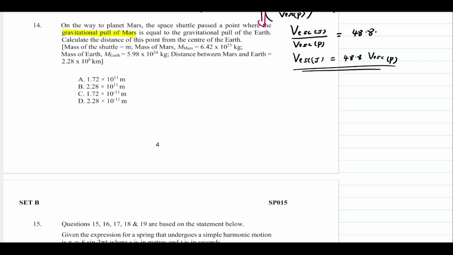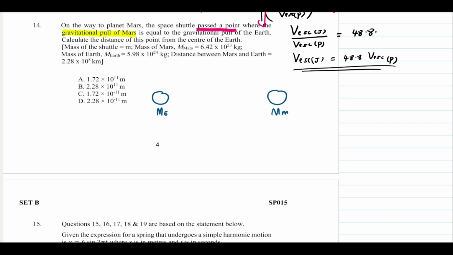Boleh. Okay, so kalau saya lukis, let's say lah saya ada Earth kat sini, ME, mass of the Earth, and then let's say here we have mass of Mars. So soalan bagi tahu kita, okay, dekat satu point. Calculate distance of this point. Okay. The space shuttle datangnya daripada Earth tadi. Dia akan pass satu point.